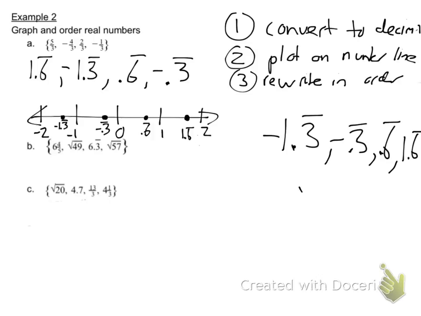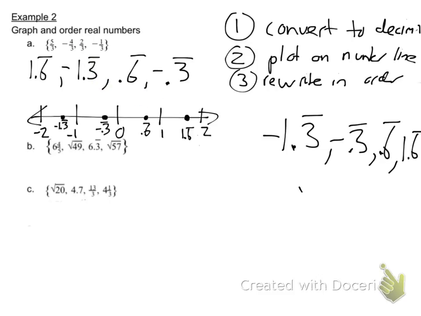Now here's the thing. Notice this order here is the same as that order up there. So you know which one applies to which fraction and decimal. -1.3, our first number, is the second number.